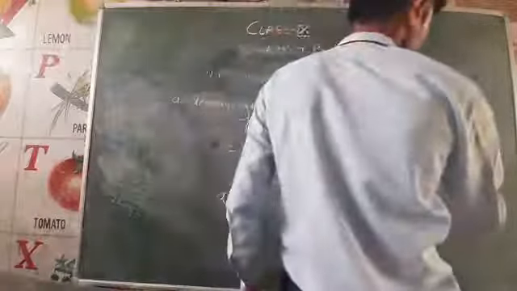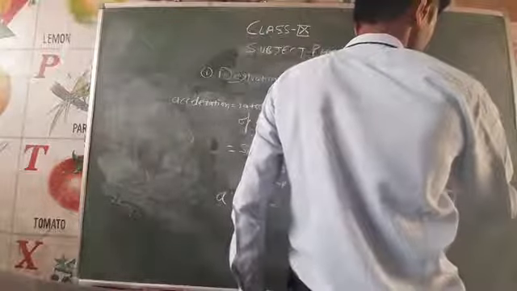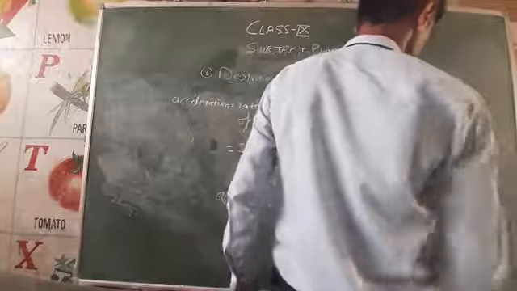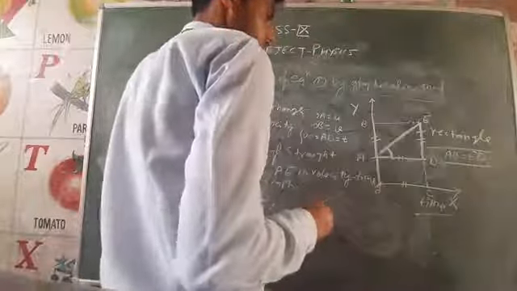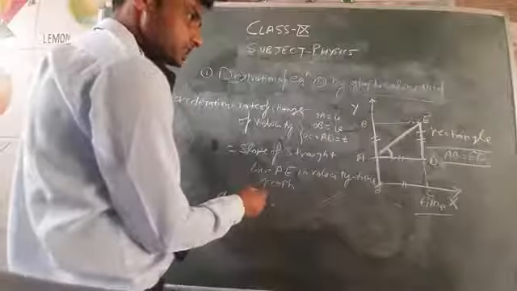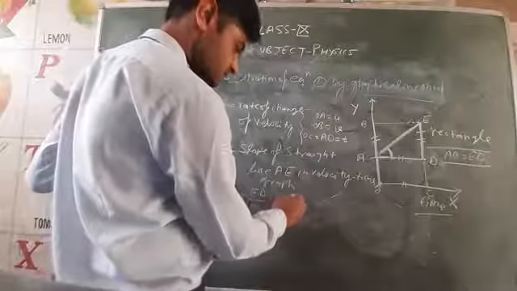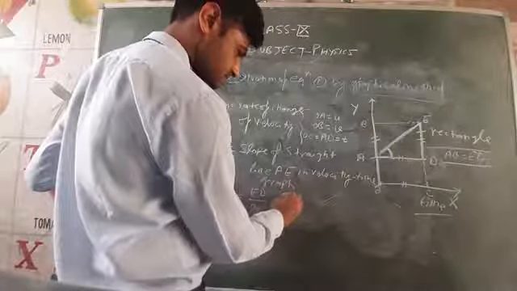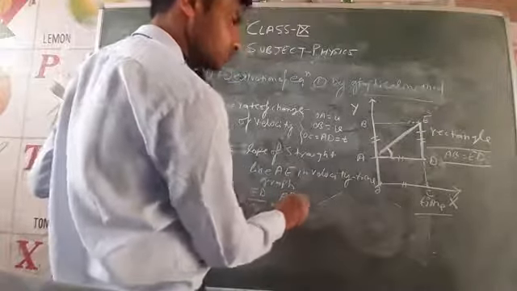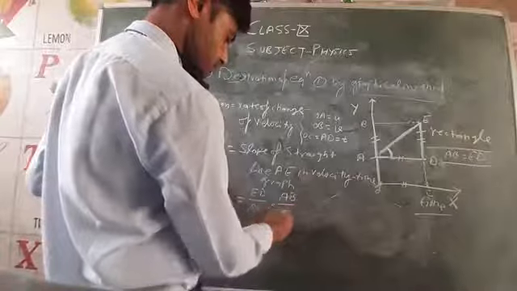It means AB equal to ED. So you can write ED equal to AB upon AD.